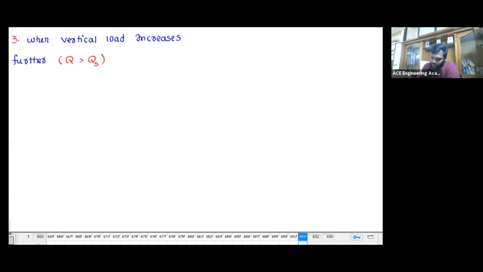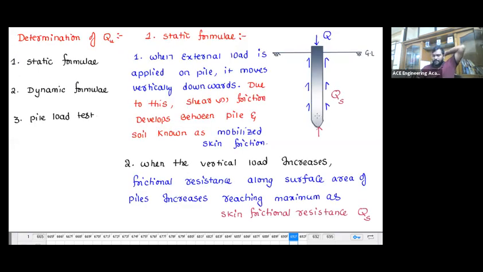Now, when the vertical load increases further, Q greater than QS, then the point bearing resistance is mobilized.